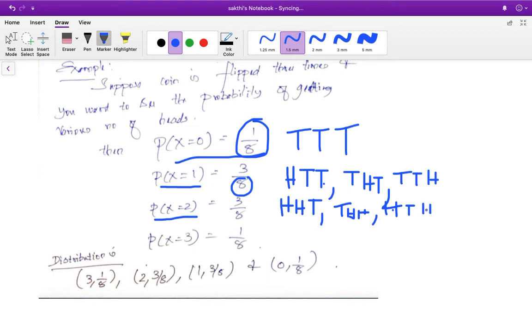So there are only 3 possibilities, so again the probability is 3 divided by 8. And P of X equal to 3 is all 3 heads, HHH. That is the only chance you will get, so that is 1 by 8.